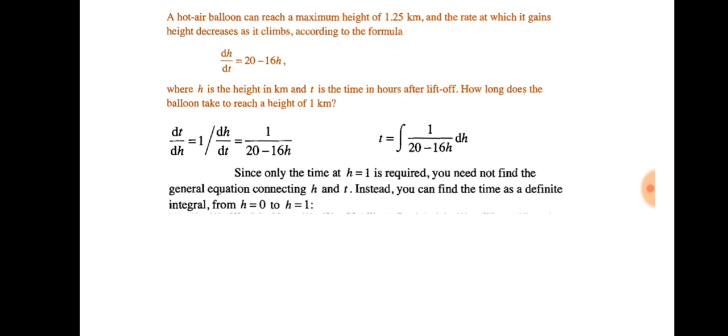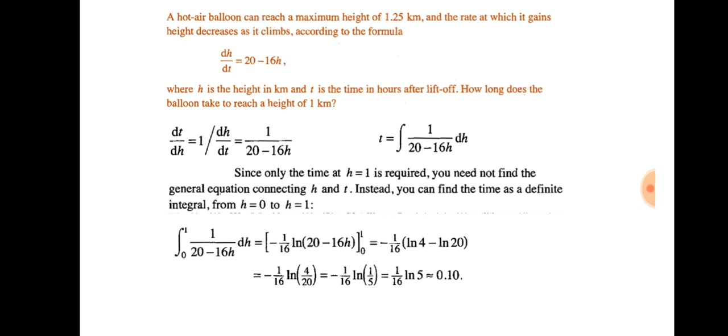Instead, you can find the time using a definite integral from h equals 0 to h equals 1. So the integral from 0 to 1 of 1 over 20 minus 16h dh, after simplifying, gives 1 over 16 log 5, which is nearly equal to 0.1. The balloon takes 0.1 hours or 6 minutes to reach a height of 1 kilometer.